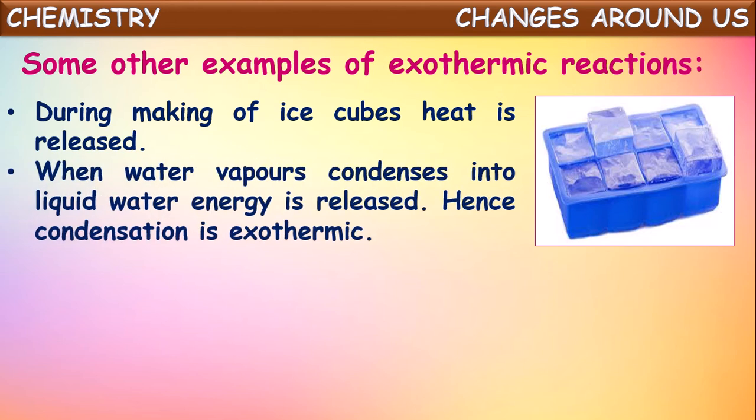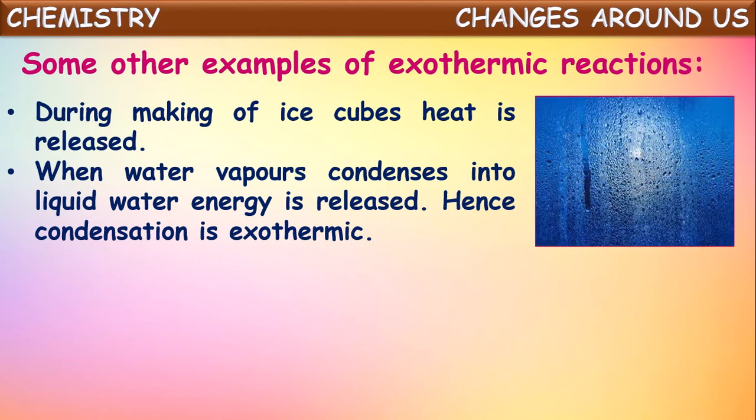When water vapor condenses into liquid water, we know that when water vapor touches cooler parts of any surface, it starts converting into liquid form. What is happening there? Water vapor releases certain heat energy, and hence it converts into liquid water form.